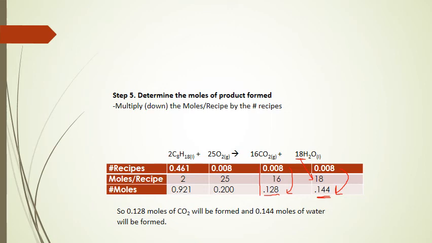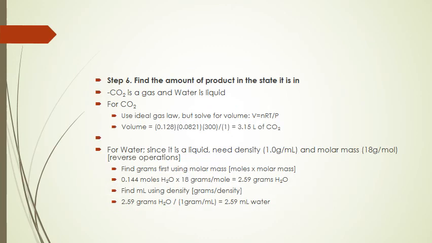But what we want to determine is that this is a gas and this is a liquid. So we want to find out how many liters of gas this will form and how many milliliters of liquid this will form. And so we've got to use the relationship for our particular states. The carbon dioxide is a gas and water is a liquid, so we're going to use PV equals nRT for the gas.